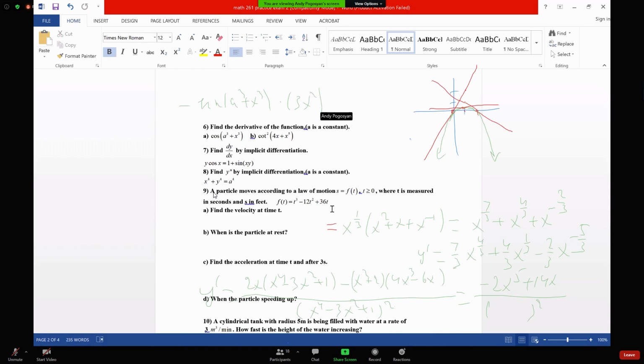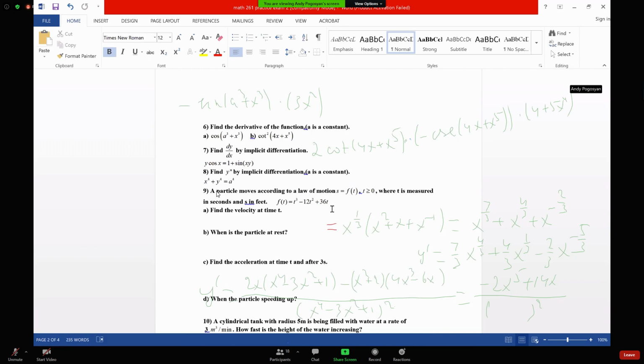Second one is 2 times cotangent of 4x plus x to the 5. Derivative of cotangent is negative cosecant of 4x plus x to the 5, times the derivative of 4x plus x to the 5, which is 4 plus 5x to the 4.